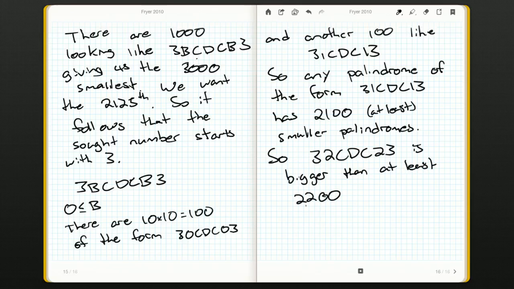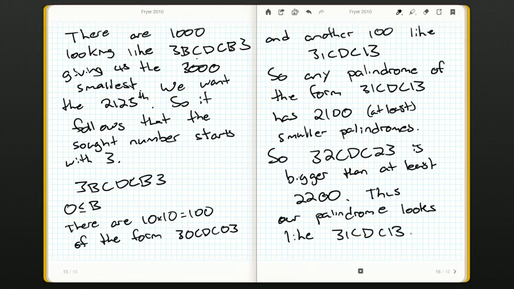So these guys are going to be bigger than at least 2,200. So we've gone too far again. Our palindrome has to look like this: C13. So we're closing in ever so slowly.